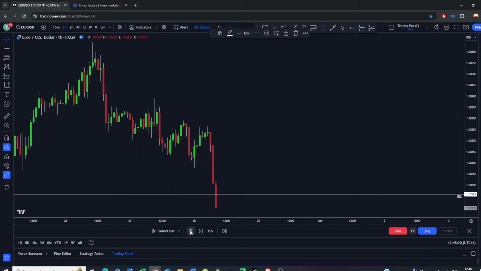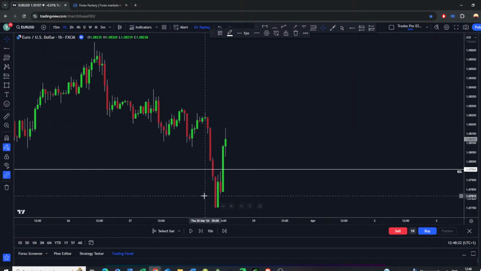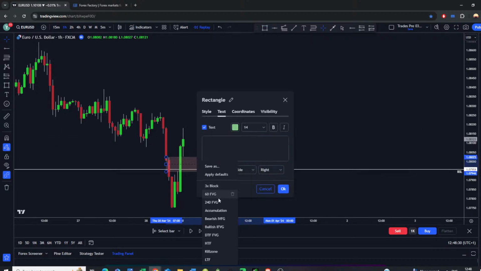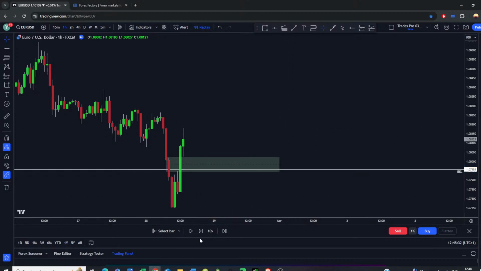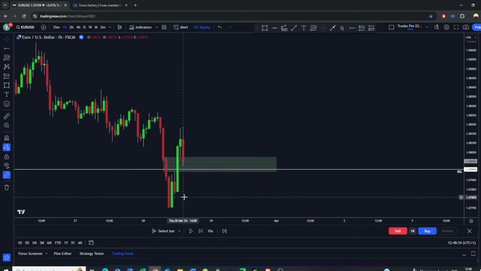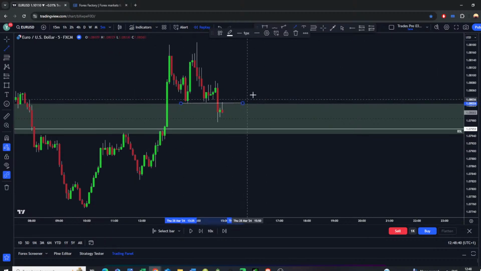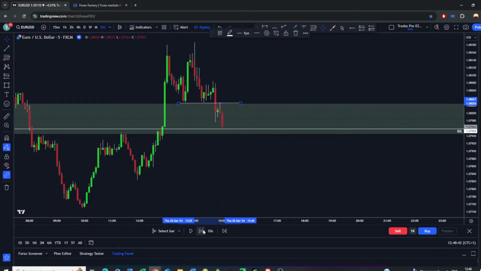We're already on Thursday. Oh, there we go. Displacement, fair value gap, exactly what I wanted. Bullish fair value gap right there, and we look for a pullback into that level. What time is this? 2 o'clock. And it's good. We've got these lows that price has come down to.